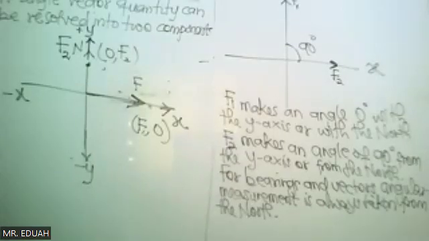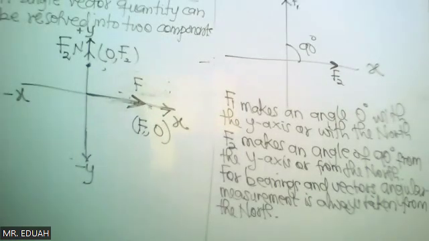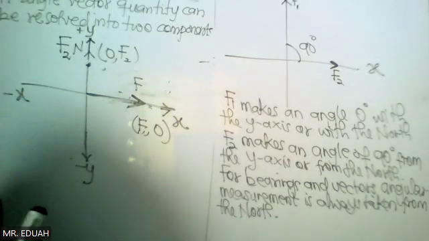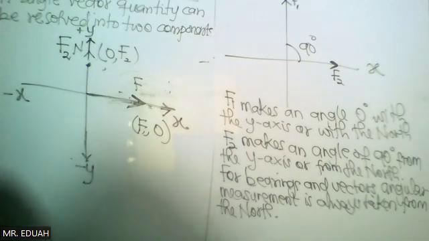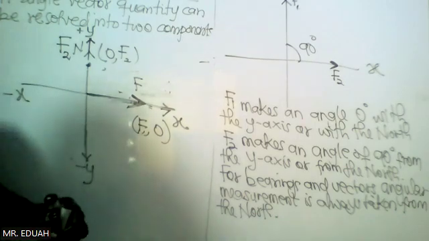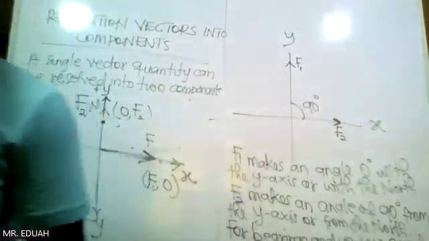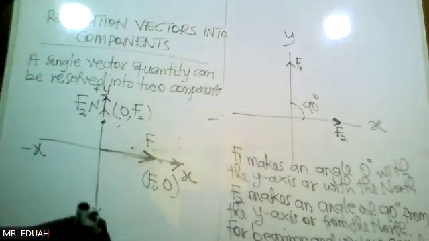What I'm saying is that for vectors and bearings, we are always taking our angular measurements from the north. Okay, so this is different from trigonometry. Trigonometry is about measurement of triangles.